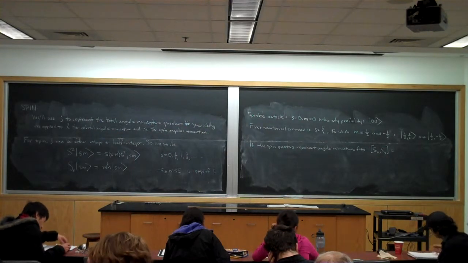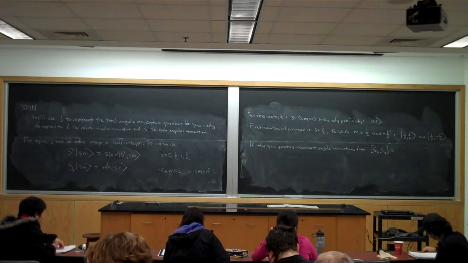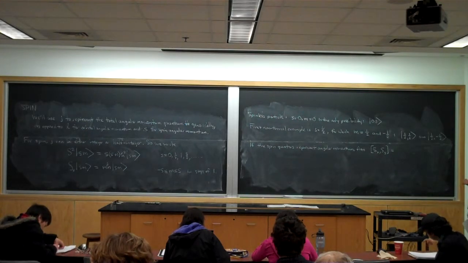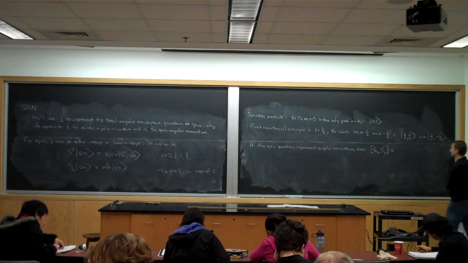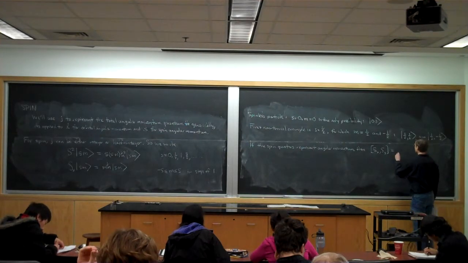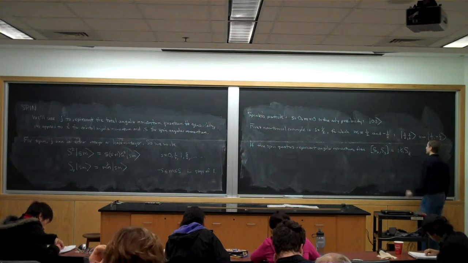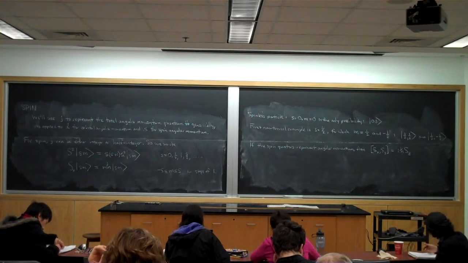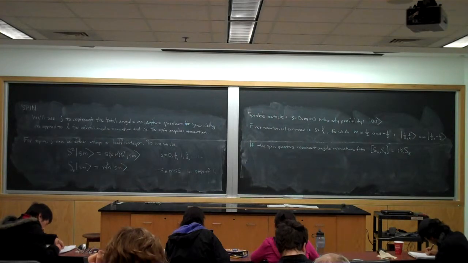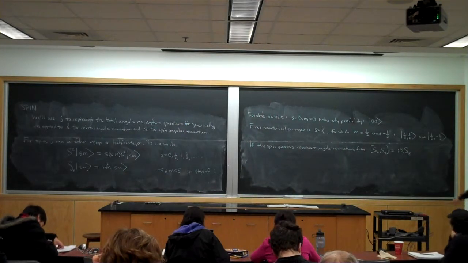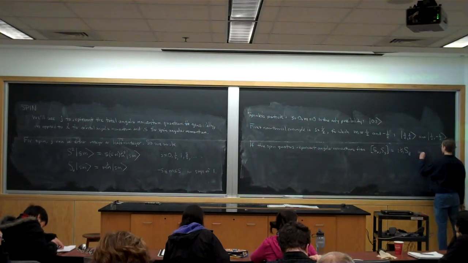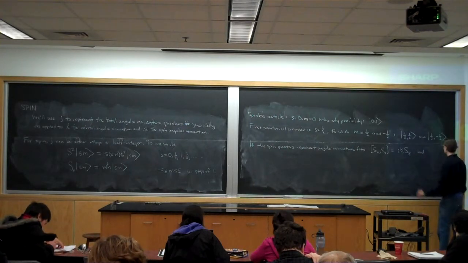So before we had it in terms of Lx, Ly commutator is i h bar Lz. These are supposed to be angular momentum operators, so they have to obey that same fundamental commutation relation. The commutator of Sx with Sy is i h bar Sz and cyclic permutations.